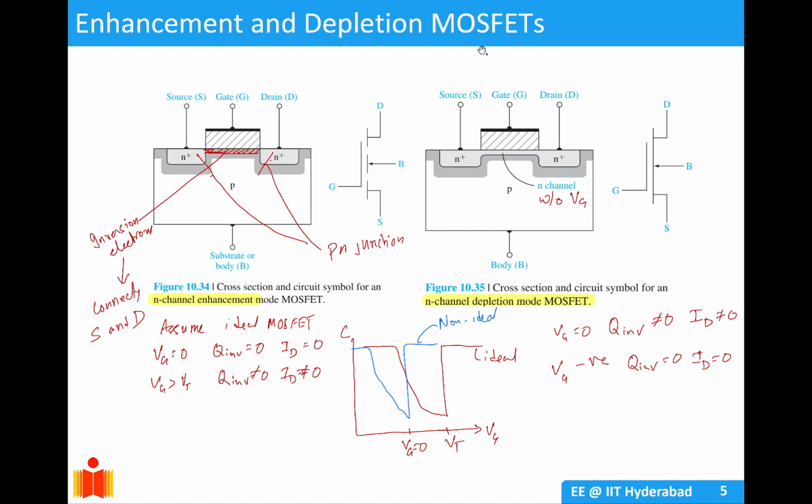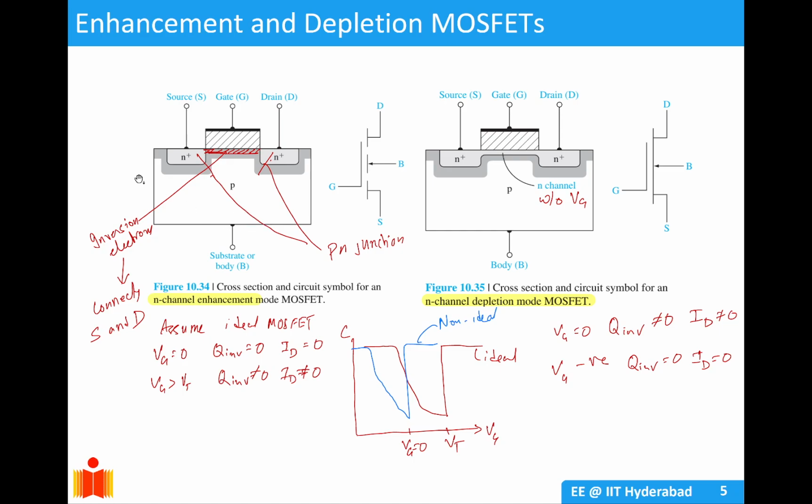MOSFETs act in two different modes: enhancement mode and depletion mode. In enhancement mode, which is represented by this symbol, the substrate itself can also act as a contact, which is known as the substrate or body contact.